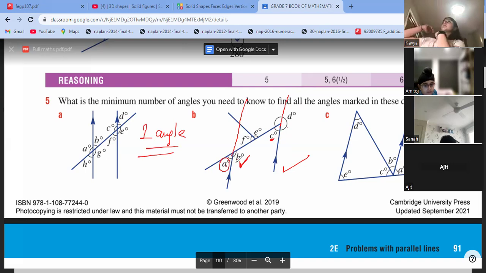Then how are B, C and A connected with F and E? Can you connect them with E and F? Is there any reason you can connect them? B and F are alternate interior. Beta, that is not right; this parallel line is going in this way and this parallel line is going in that way. How can you interconnect them?